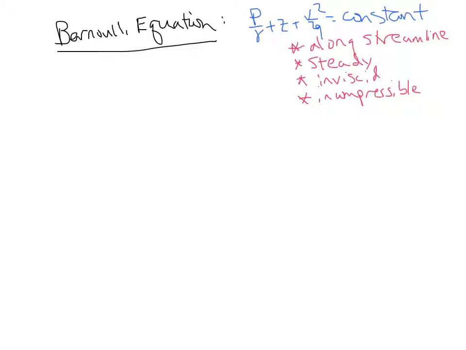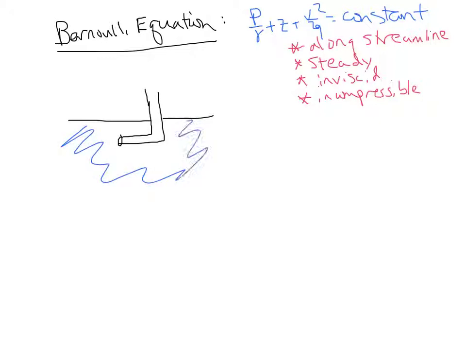We went through one example of using the Bernoulli equation today, and I'm just going to set it up again here because I wasn't able to really spend enough time on it. So here we have a fluid that I'm just going to denote in blue that fills our stagnation tube to a particular height. The height of the rise, I'll just call h here.